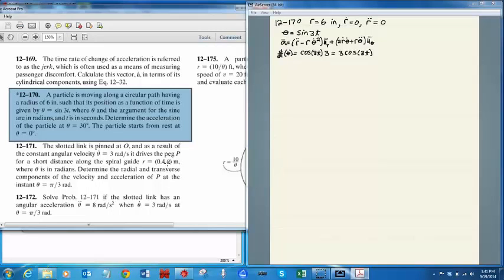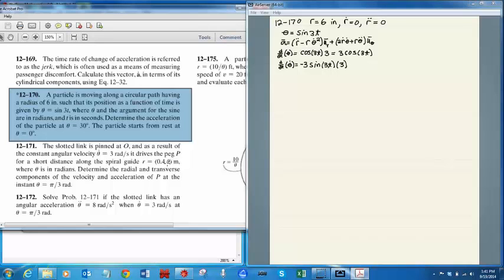To take the second derivative, I'm going to take d/dt of theta dot, of what I just took. In this case, the derivative of the cosine is minus sine, so this would be minus the 3 out front, the constant, sine of 3t, times the derivative of what's inside the sine term, which is 3.